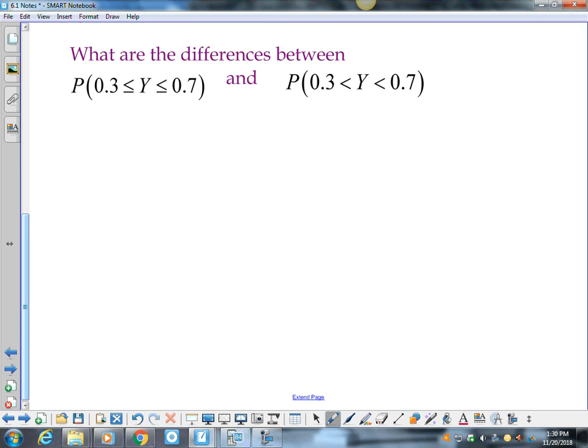If this is continuous, if I take the equal to off of this, how close to 0.3 can I get? 0.3 forever 1. That's how close I can get. So if you're talking about the difference between that number and 0.3, it's so close, it's non-existent. So guys, there is no difference.